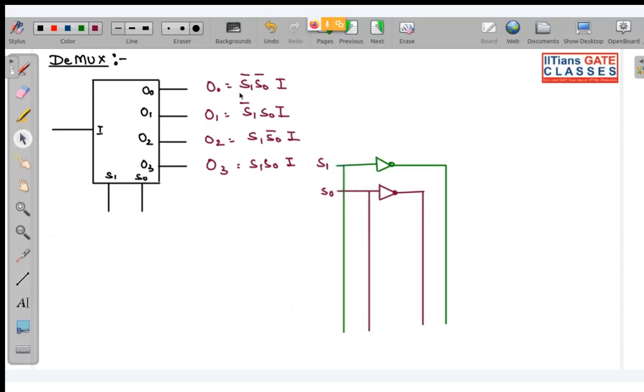So first is O naught. So this is S1 complement, S naught complement, I. So I is a common line. I can keep one common line for I.